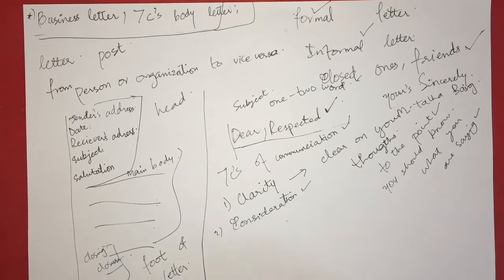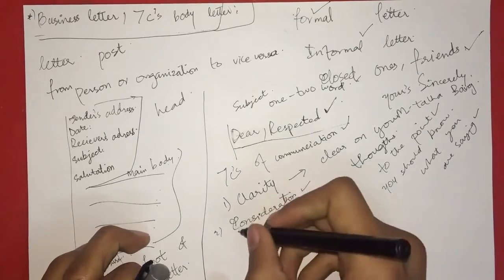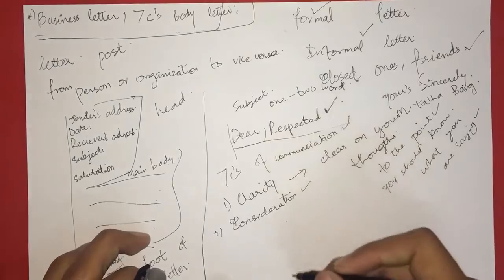For example, if you're writing a business letter to a company where you want to take part in their project, you have to consider their profit as well. You don't have to be selfish and just consider your own benefits.